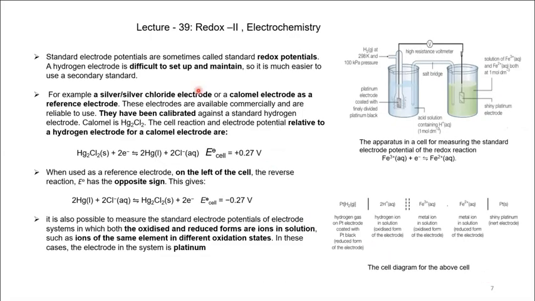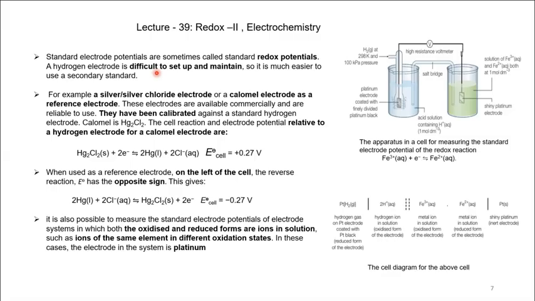We take this slide now and also show the redox potential. About standard electrode potential, I said setting up a hydrogen electrode is rather difficult and also a bit costly, and it has to be maintained properly.